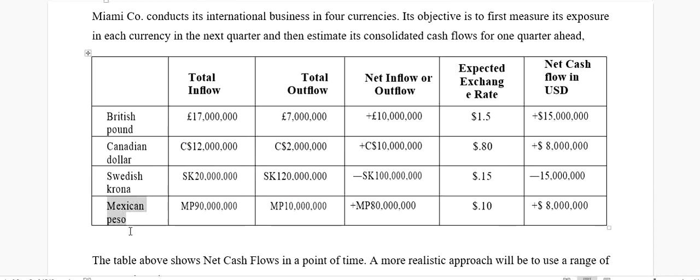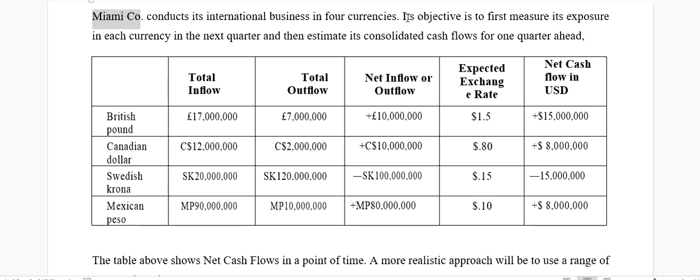Now the corporation, Miami Co., is wondering how much their exposure would be in each currency and what their consolidated cash flows will be. In simple words, how much money or cash flows they will generate from all these 4 foreign sources in terms of dollars. That's what they want to know.